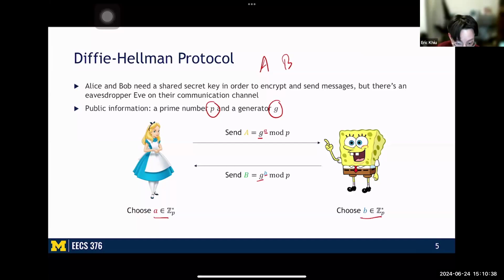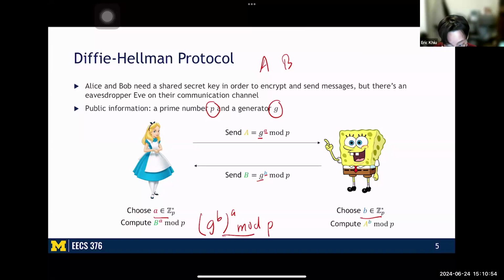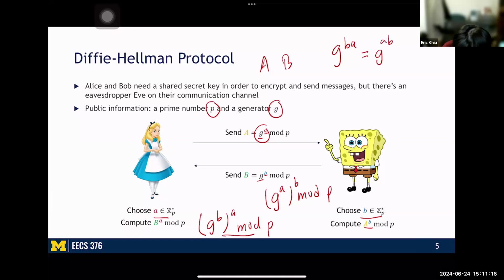Alice will compute G to the B, from Bob, raised to A, and take mod P. Bob will do the same thing: from Alice he got G to the A, and he's gonna raise it to his own number and then take mod P. Because of the properties of exponents, we know that G to the BA is the same as G to the AB.